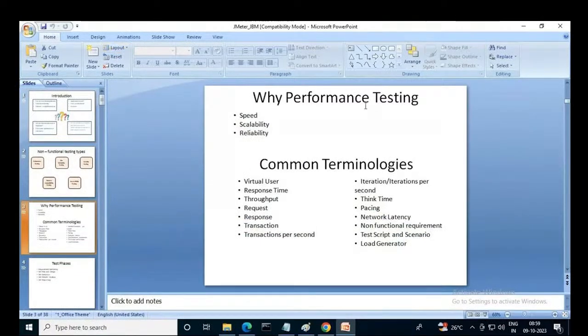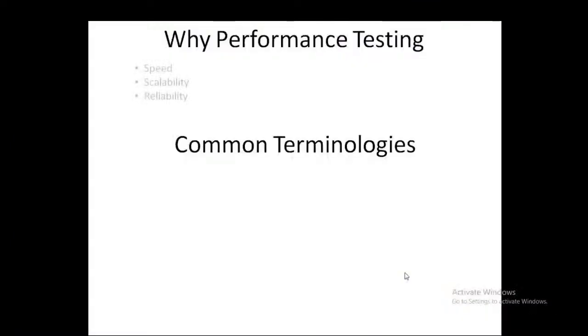We do performance testing for three different factors, guys. The first one is speed. We want to measure the speed of the application. When I say speed, what does speed actually mean? How fast is my application able to respond?